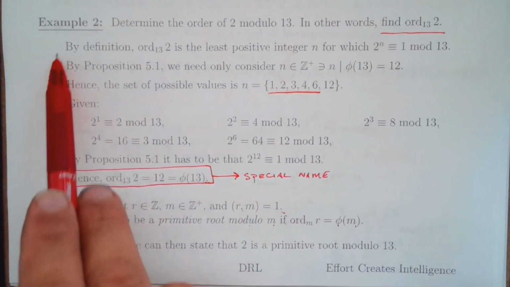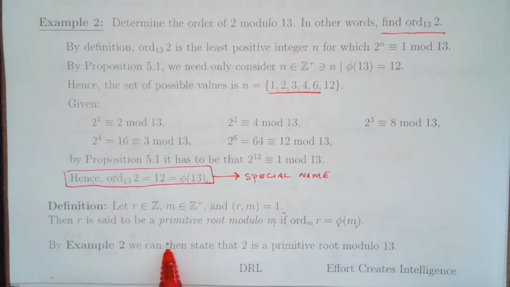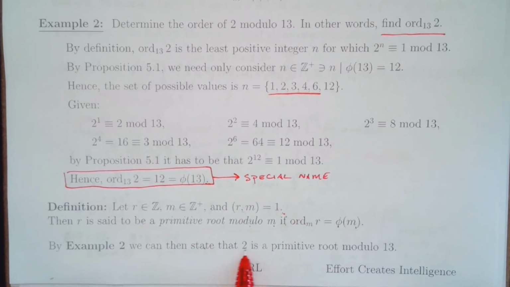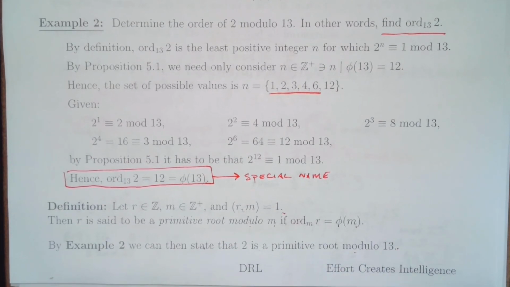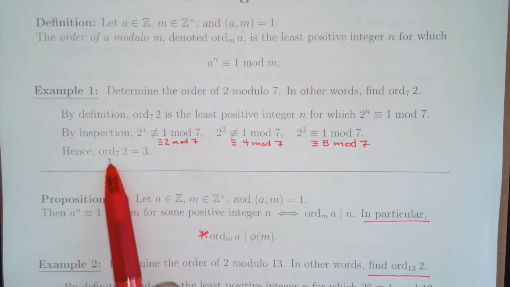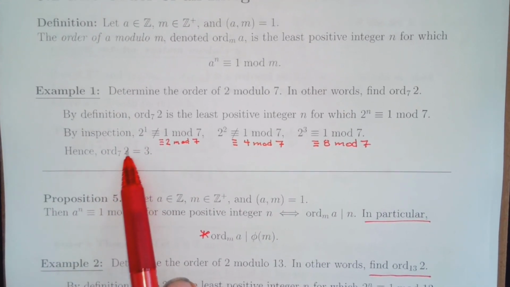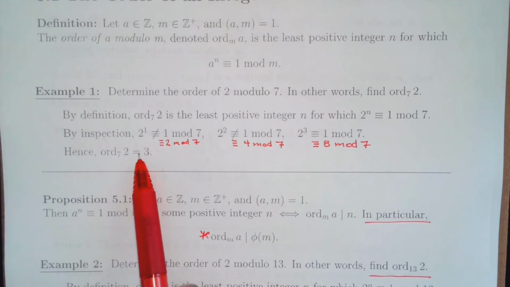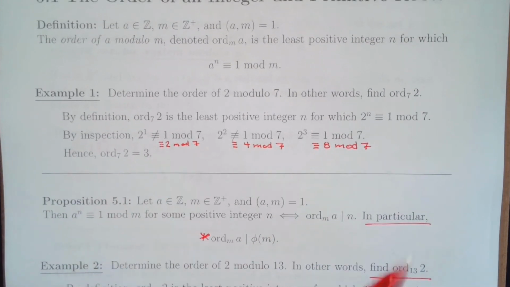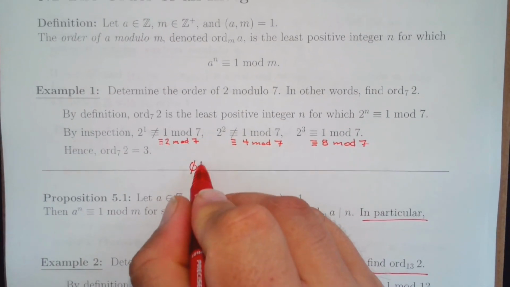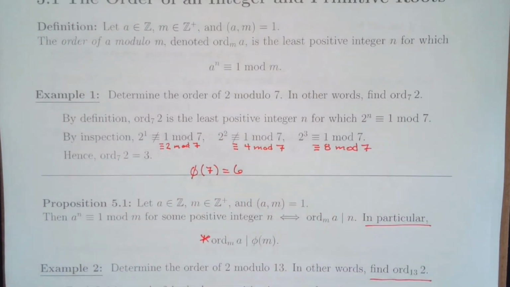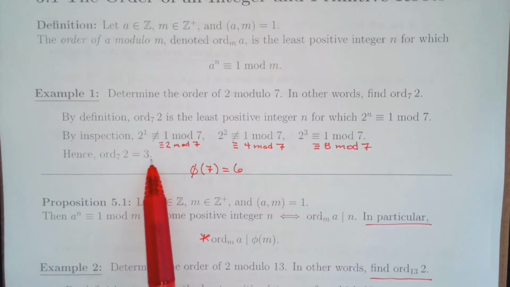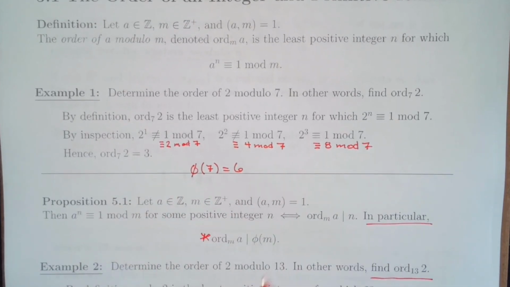So, by example 2, we can state that 2 is a primitive root modulo 13. Furthermore, notice that the order of 2 modulo 7 is equal to 3, and the phi function value of 7 is equal to 6. Notice that 3 does divide 6.